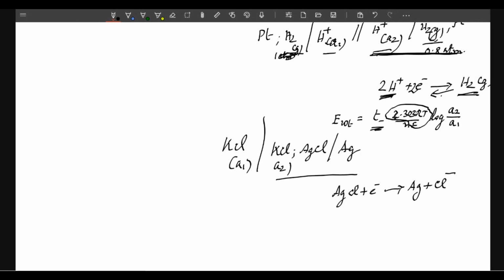Now you reverse these. That is, the electrode is reversible. It is reversible with respect to anion. It will react with anion, giving back this one.